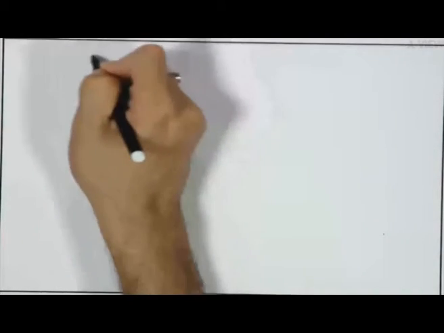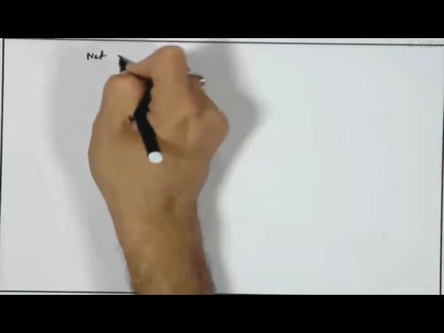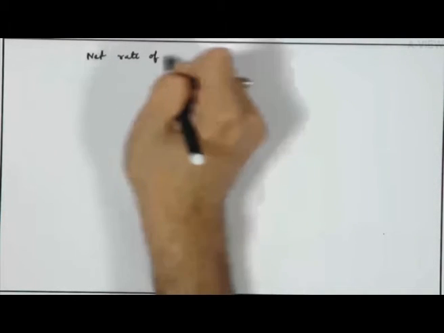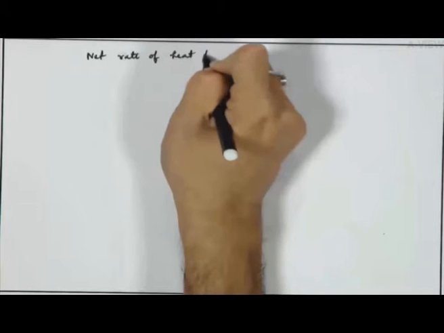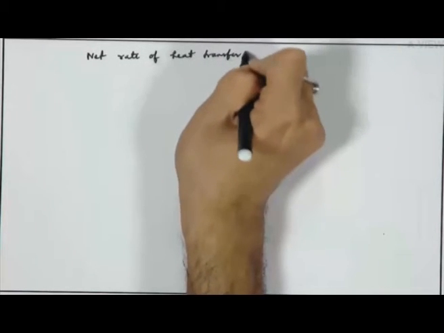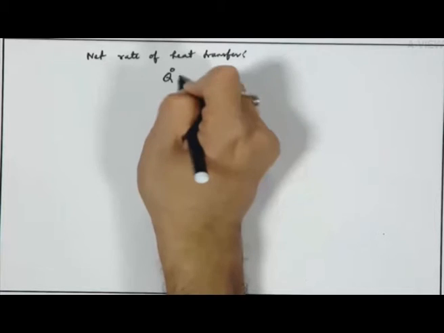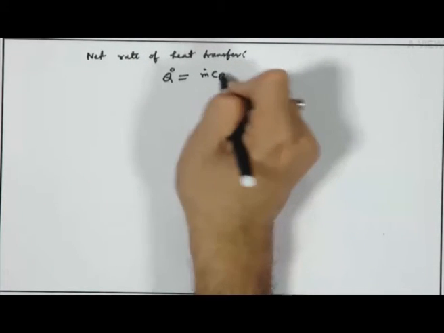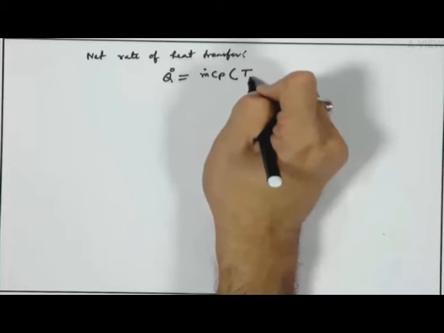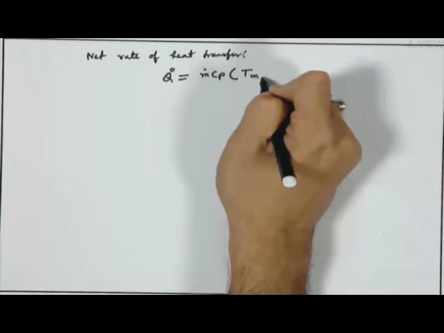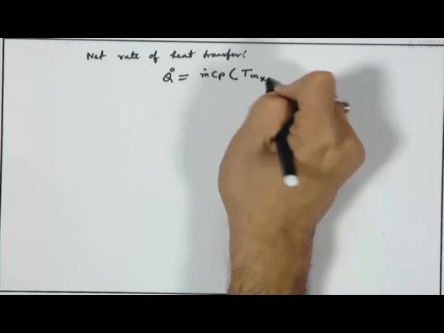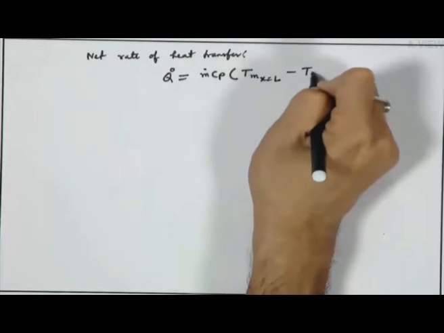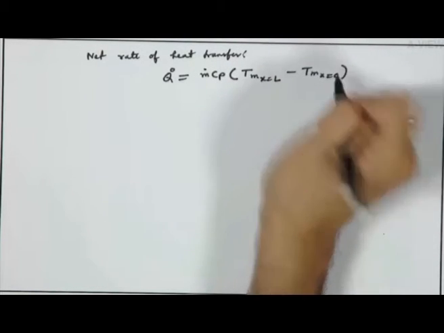Now, we can also write that the net rate of heat transfer Q dot is m dot Cp into Tm at x equal to L minus Tm at x equal to 0.